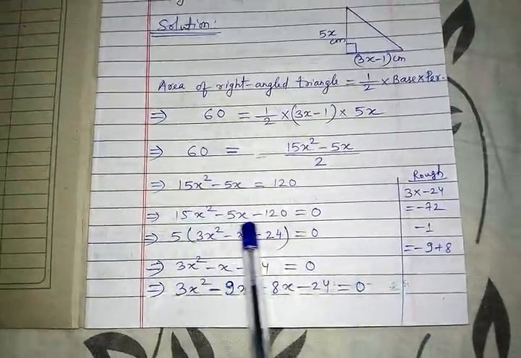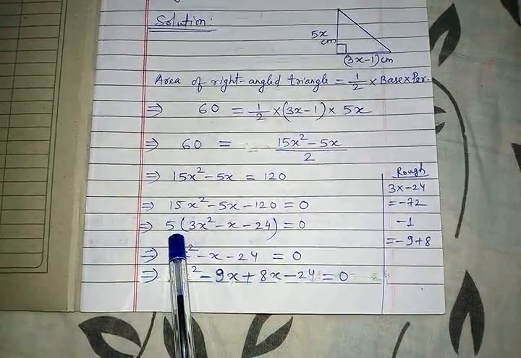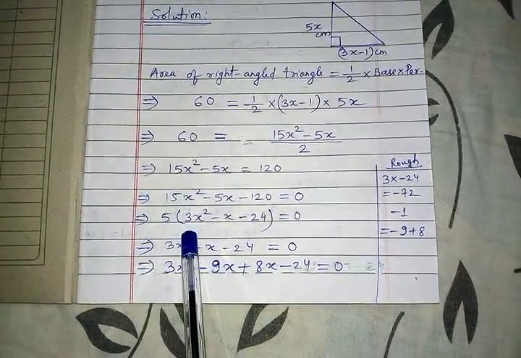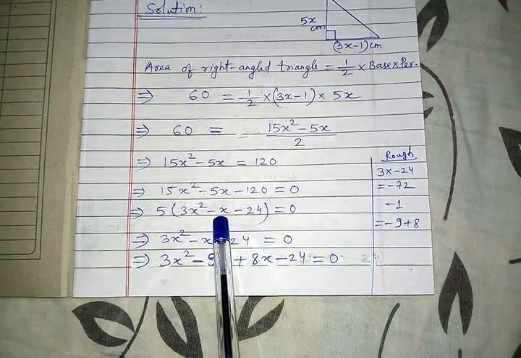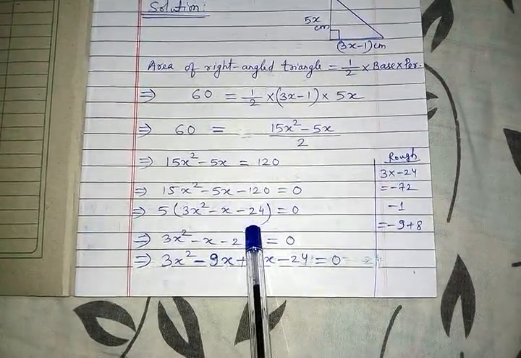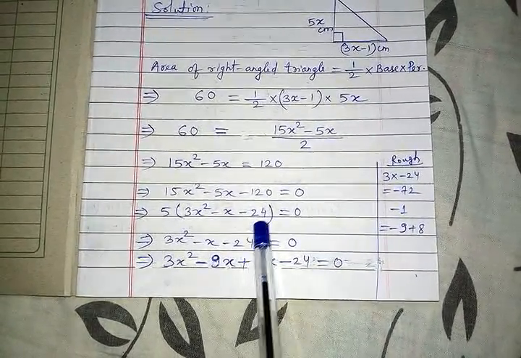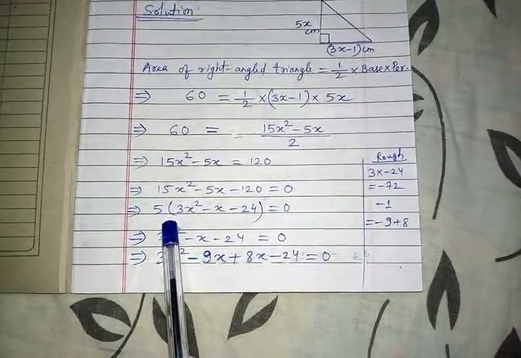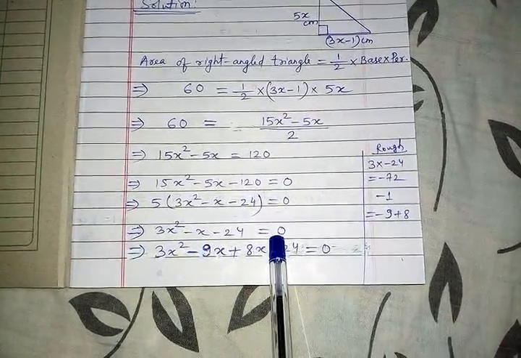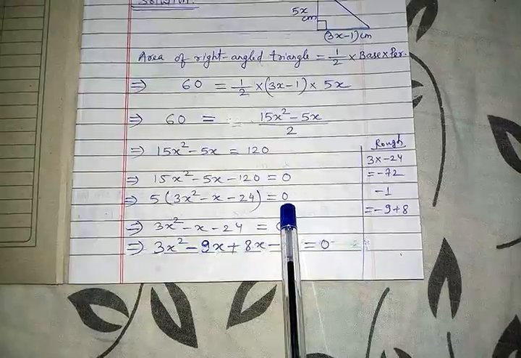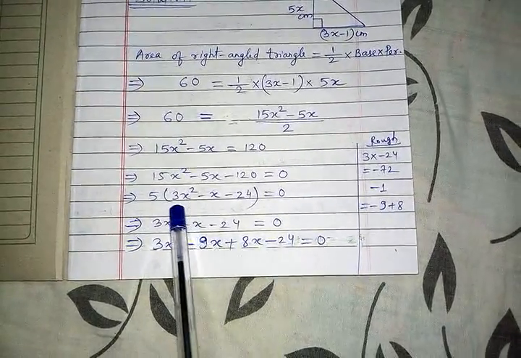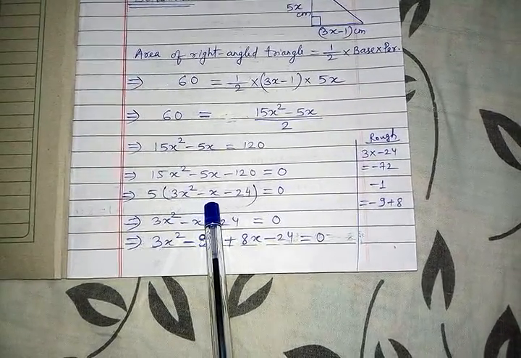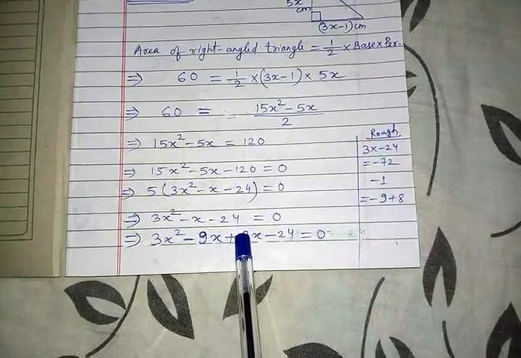Now in these three terms we have 5 common. After taking 5 common, 15 became 3x square, 5x became minus x, and minus 120 became minus 24, equal to 0. Now 5 divides 0, and 0 by 5 is 0. So we have here 3x square minus x minus 24.